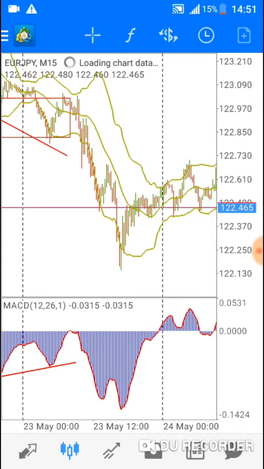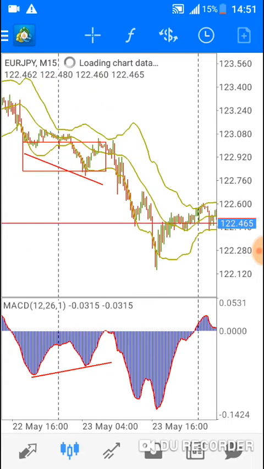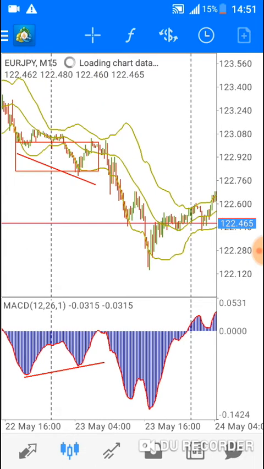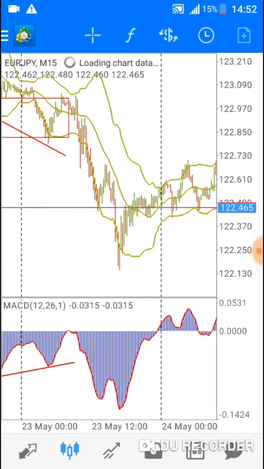But before you enter on that signal, you have to check if there's divergence between the MACD and the price. On the agmatic indicator, we are not using MACD, we are using Maxwell equation, another powerful tool to detect divergences.